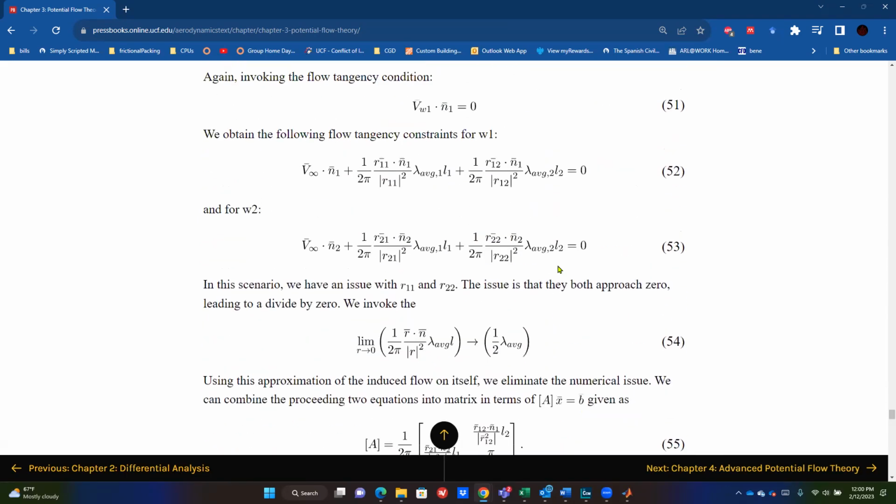What we end up with is a matrix. Let me see if I can kind of describe it here. So our matrix elements, this is known. This is known. This is known.